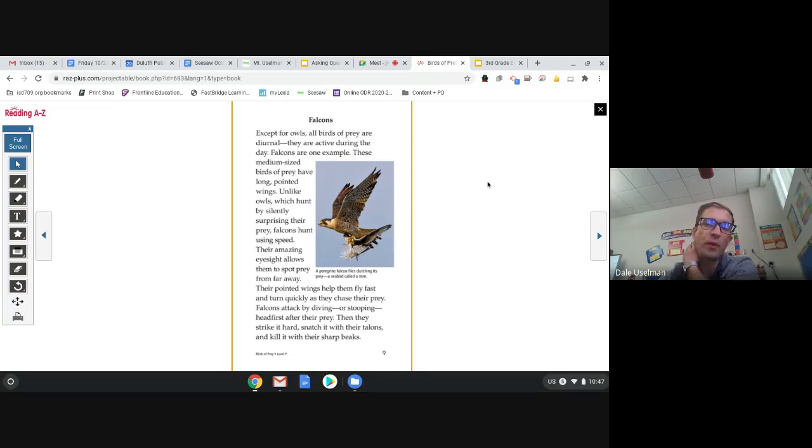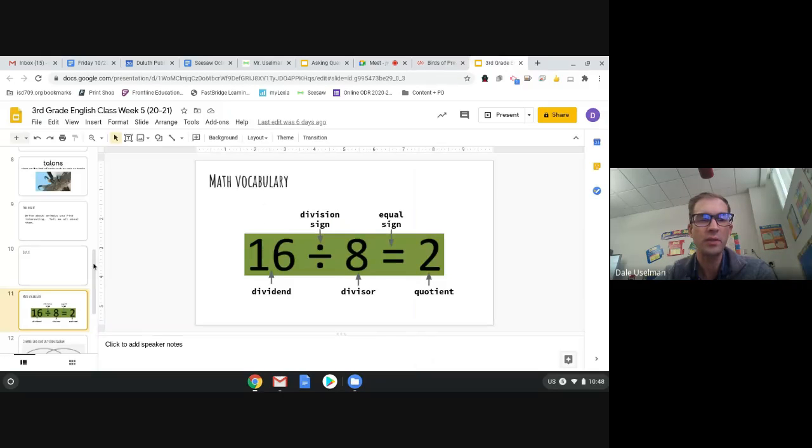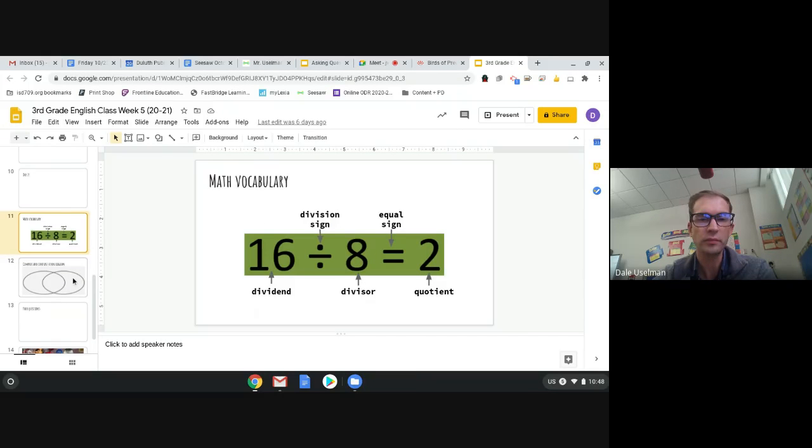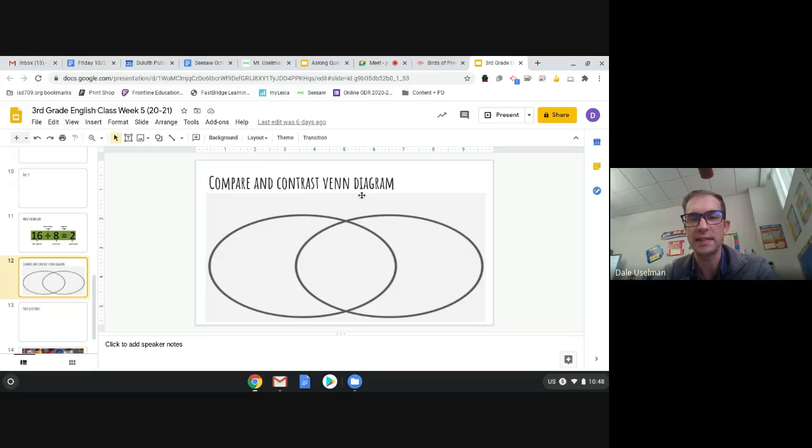Falcons. Before I start reading falcons, we're going to do one more thing while we read this book, which is super important. We are going to think about comparing and contrasting, okay? And when we compare and contrast, we're thinking about how two things are alike and how they're different. We compare them, find out how they're alike, and we contrast them. We think about how they're different.